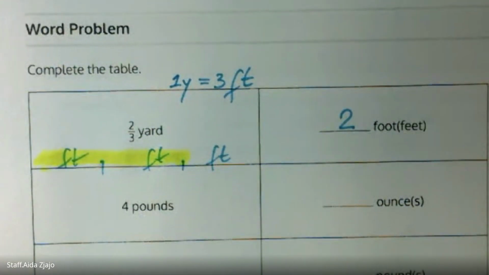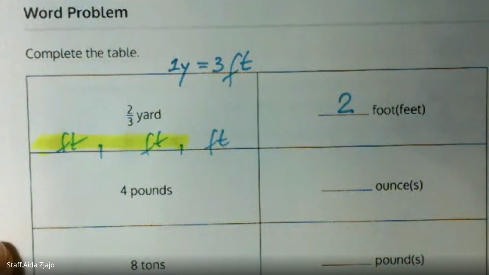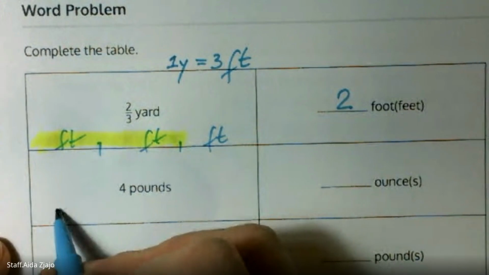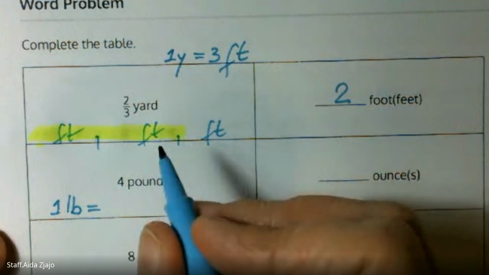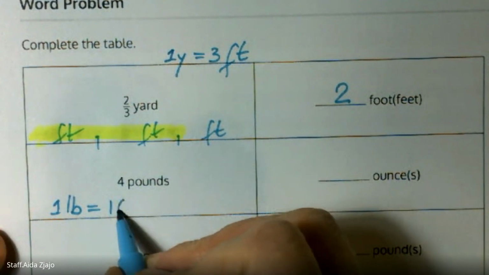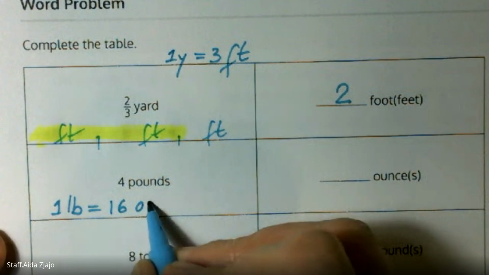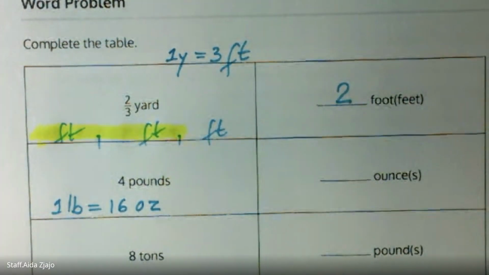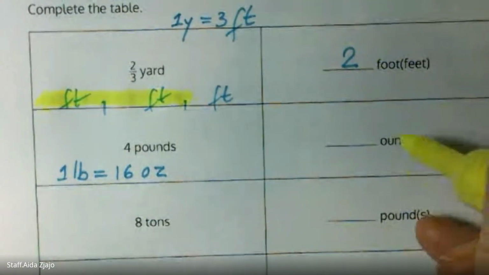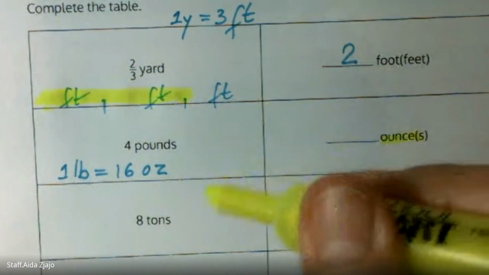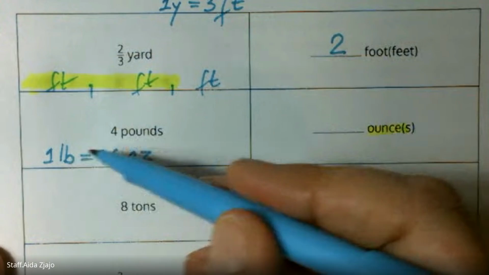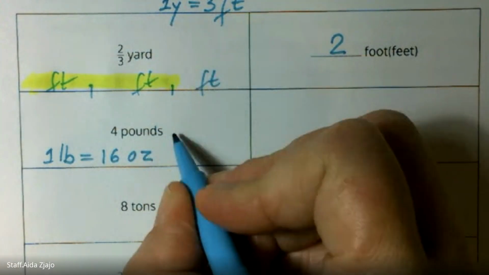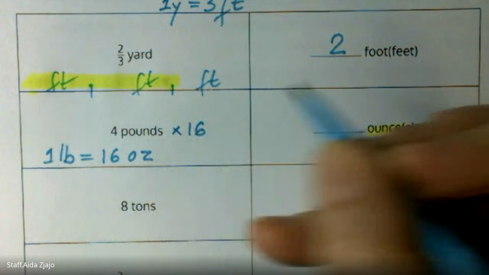Okay. Next one says 4 pounds. And we need to know then 1 pound is equal to 16 ounces, because our problem needs to be in ounces. So what we need to do is think about it: we have 1 pound, we have 16 ounces, so 4 times 16.